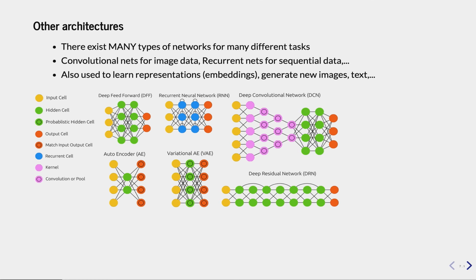Now, next to dense neural networks, there are many other types of networks that we will discuss in due time. So far we've seen the deep or the feed-forward neural networks, which are fully connected. And in the next lecture we'll talk about convolutional neural nets, which have a special neuron which does a convolution. There's a special neuron specifically for images or continuous data, such as sound or even text sometimes.